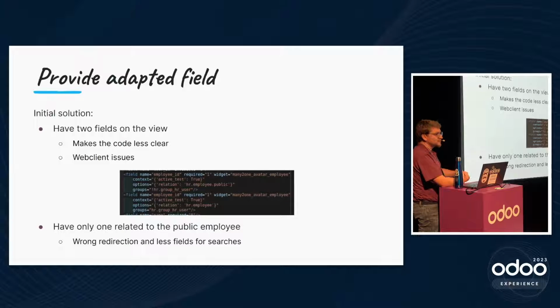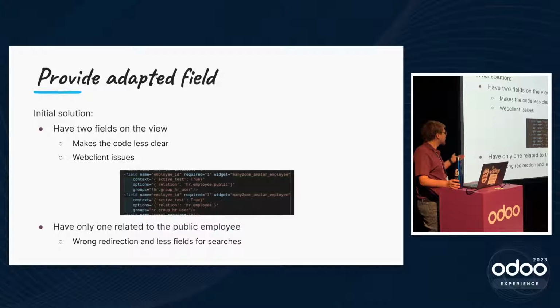But the issue is that everywhere we have an employee field, we have to put two fields instead of one. So it makes the code a little bit less clear. The other issue is that it might lead to web client issues, so having duplicate information on the field might give back wrong information afterwards.